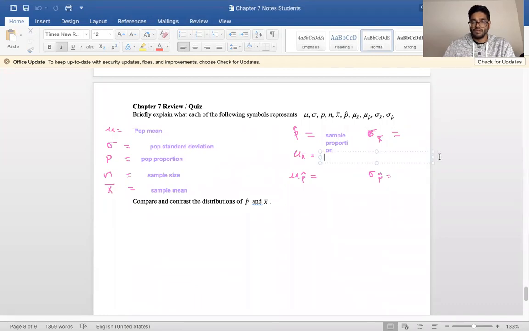Mu of x bar is the mean of the sampling distribution. Mu p hat is the mean proportion of the sampling distribution.